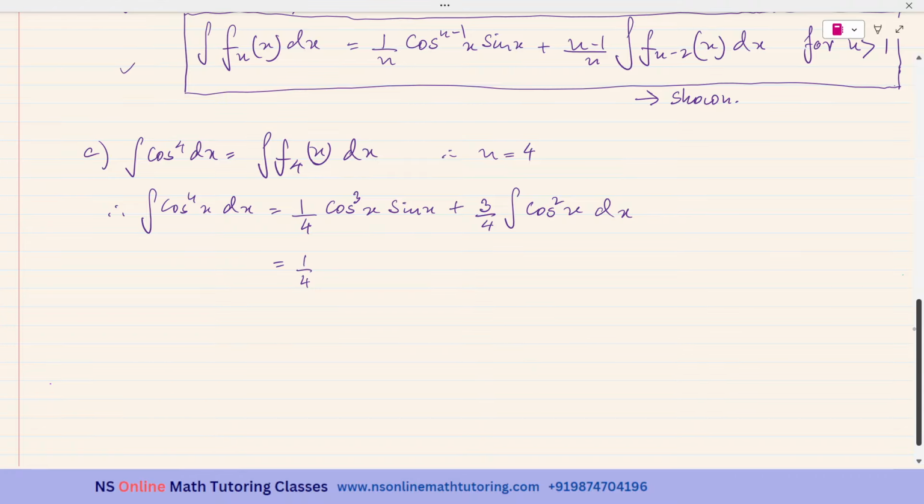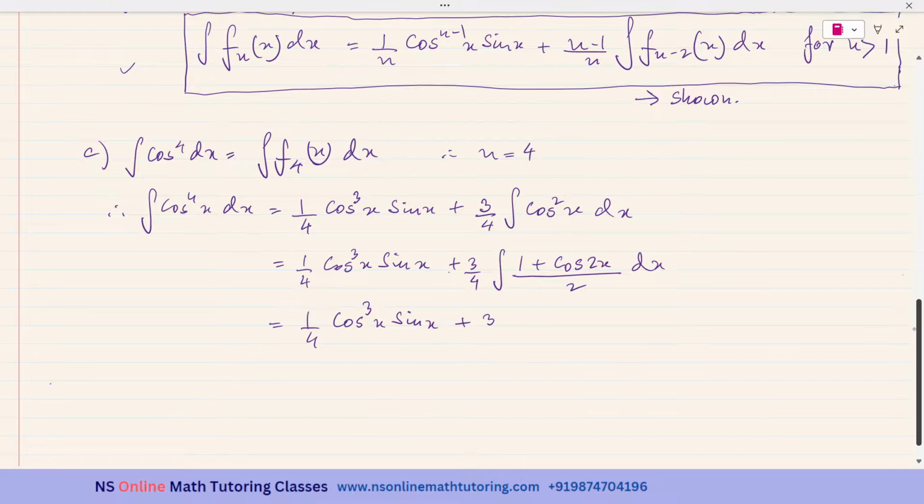So we will be using the double angle identity. So it will be 1/4 cos cube x sin x plus 3/4 times the integral of (1 plus cos 2x) over 2 dx. So this is 1/4 cos cube x sin x plus 3/8. I'm separating the terms.